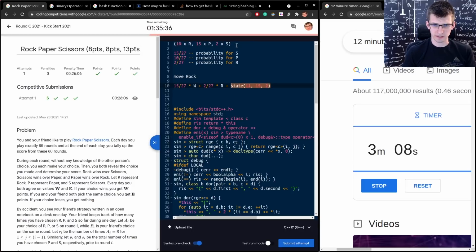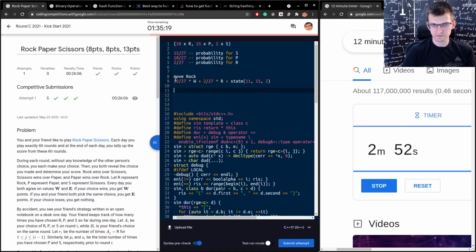If I know already how much on average I will gain until the end from this state, then the more the better, of course. So in total, this is how much on average I will gain in this move plus all the future moves. So if I move rock, I have this, assuming that I already know how much I gain on average from this state until the end of the game.